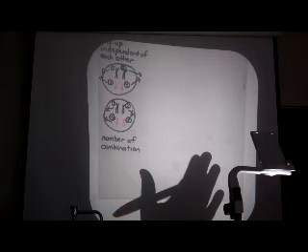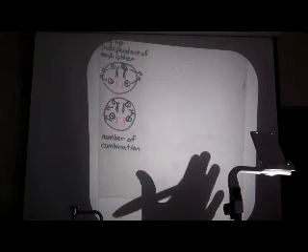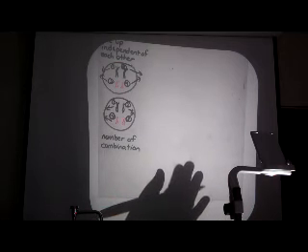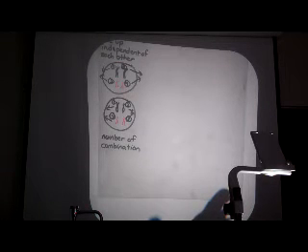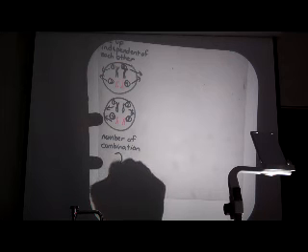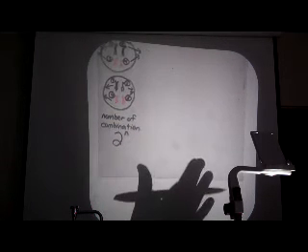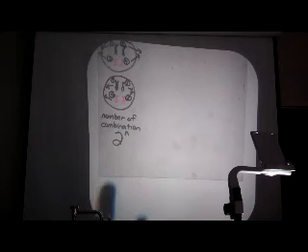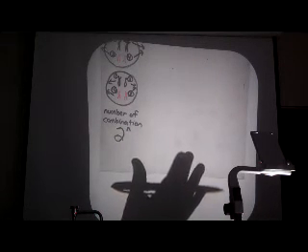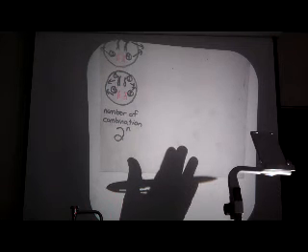Now, for an organism that only has 4 chromosomes, there's not going to be nearly as many combinations that can arise as there will be for a human, for example. Here's how you figure that out. This is the magic formula you kind of have to remember, 2 to the n. In other words, if you want to determine how many different ways chromosomes can line up, you use this formula.